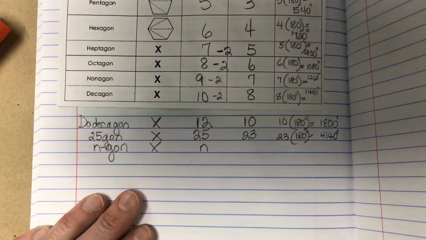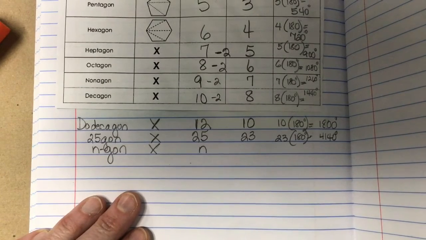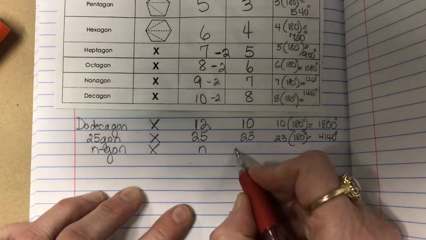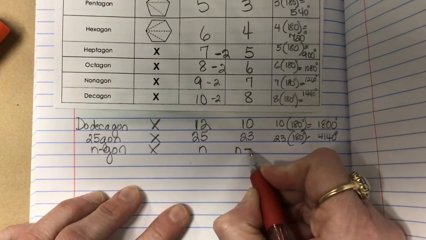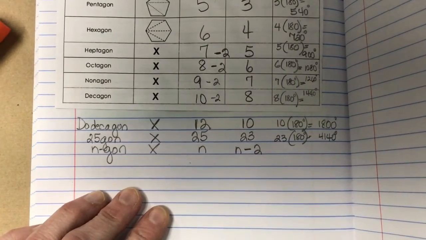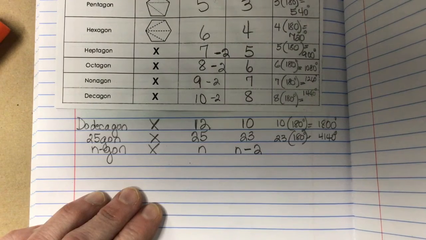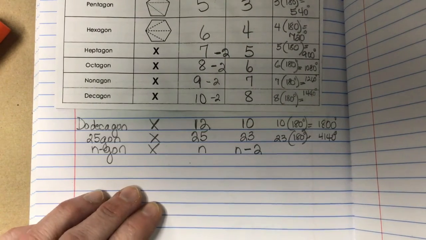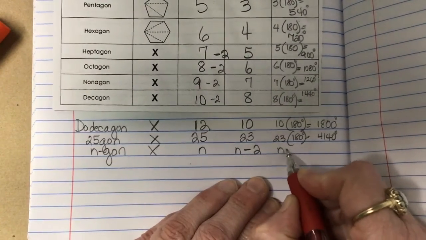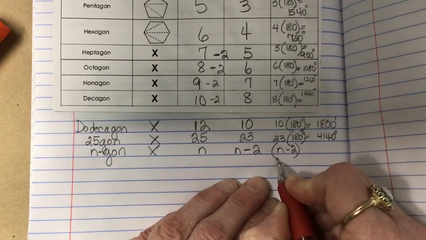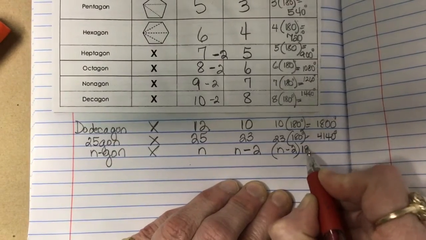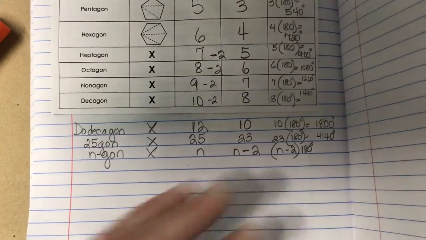That's going to be our formula. How many triangles? Minus 2. Excellent. And then how do you find the degrees? You take the N minus 2. Now you have to put that in parentheses. Times 180 degrees. And that's your formula.